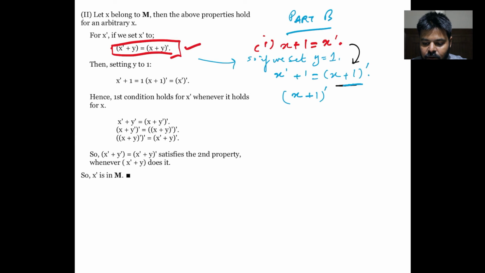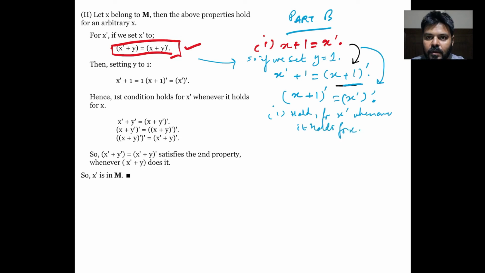So it will follow that, this is from here. Hence 1 holds whenever it holds for x. Hence this property exists.